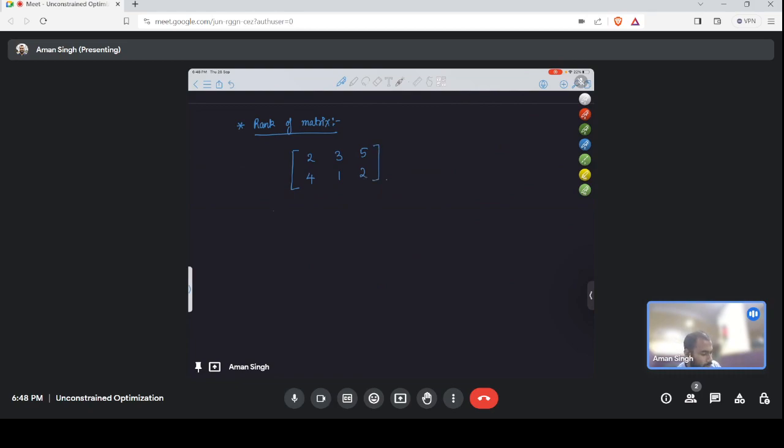There is something called column rank, which is the dimension which the column space or the column vectors span.